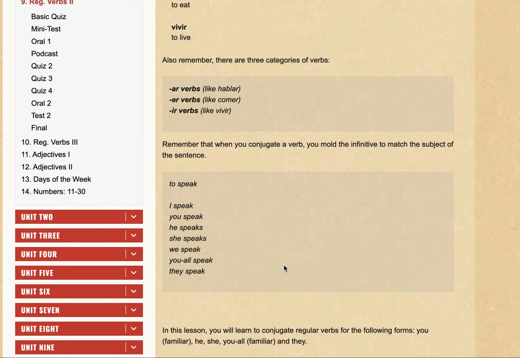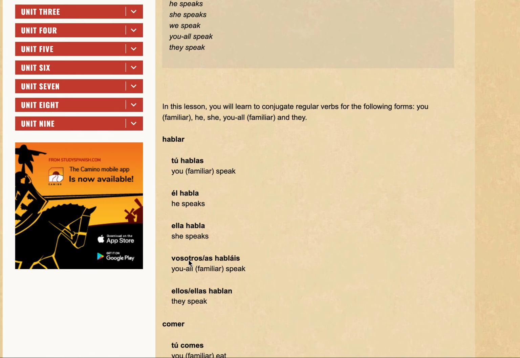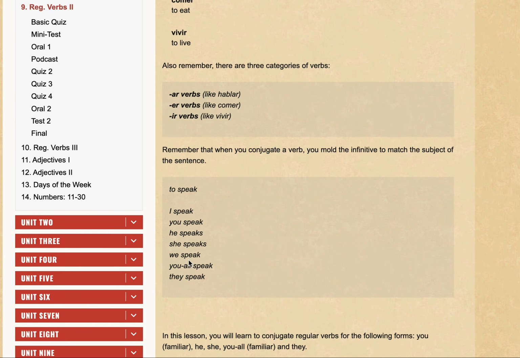For ar verbs it'd be a, er verbs would be e. So I think it'd be él habla, él come, and él vive. Let's see if that is okay: we see él habla, we see él come, we see él vive. So that is the rule.